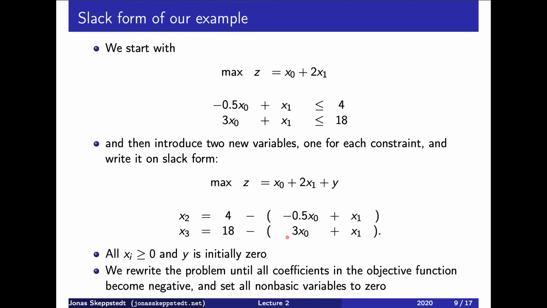But x3 is clearly, if we make x0 very big, then x3 would be negative. Okay, so how much can we increase x0? We can increase it to at most 6, which will make x3 0.